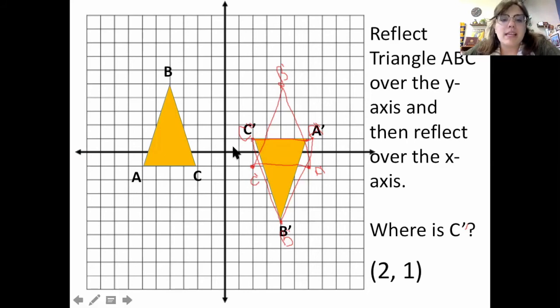C double prime is at 2, 1, much like C prime in the 180-degree rotation was at 2, 1. So a 180-degree rotation is the same as a reflection over the x-axis and the y-axis. It does the exact same thing to a shape.